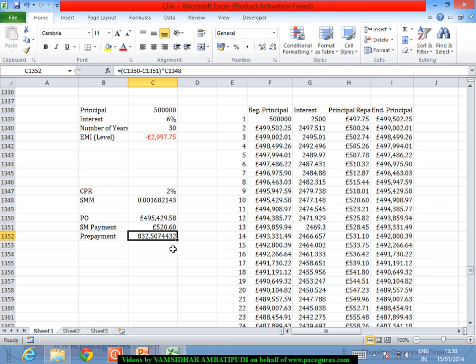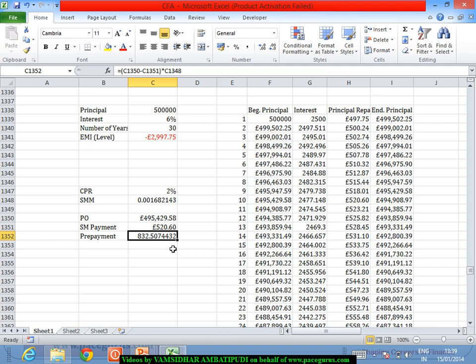But if I am saying, no, I am not going with the 100 PSA benchmark, but I will go with a 150 PSA or 200 PSA benchmark, it means that the prepayment rates are faster. If I am using a bigger number, I am assuming that the prepayment rate is faster. Otherwise, if I am using 50 PSA, I expect the prepayment rates to be much smaller.